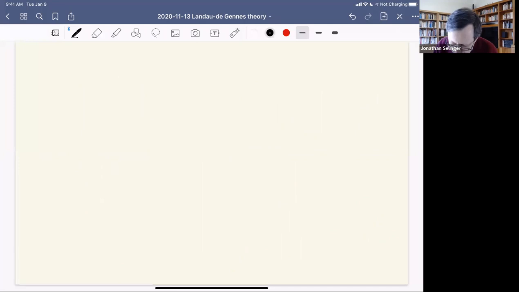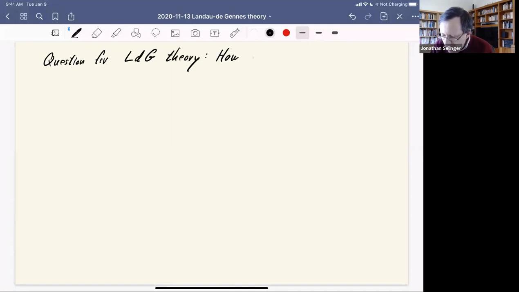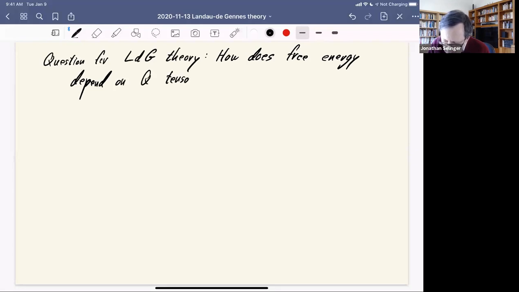So the question for Landau-de Gennes theory, which I'll write as LDG, begins with: how does the free energy depend on the Q tensor for a small Q tensor?